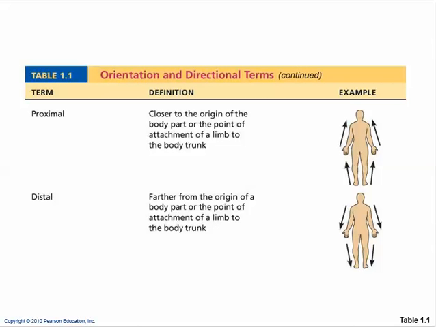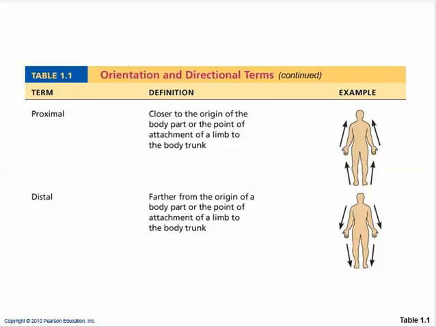When we're talking about the limbs, the appendicular skeleton, we use the terms proximal and distal. So distal is towards the fingers and toes, furthest away from the trunk. Proximal is closest. So we can say things like the shoulder is proximal to the elbow is proximal to the wrist is proximal to the fingers.